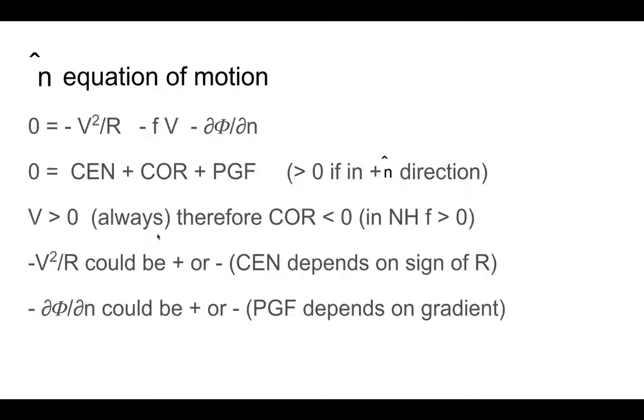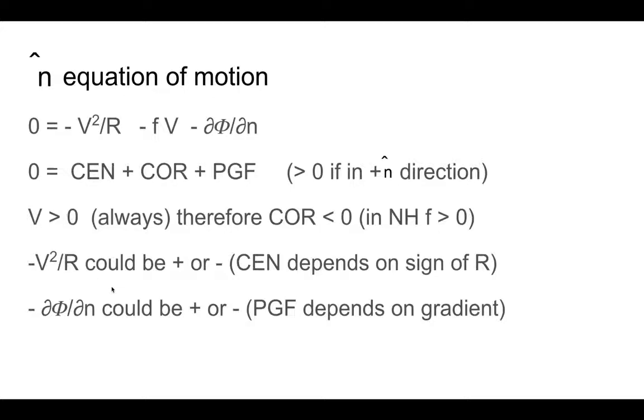And since that's the case, the Coriolis acceleration, by definition, at least in the northern hemisphere, will be negative and will act in the minus n hat direction. That's always going to be the case as long as there's some Coriolis acceleration to consider. But the other two terms could be either positive or negative.